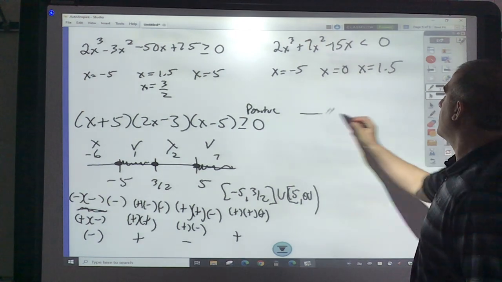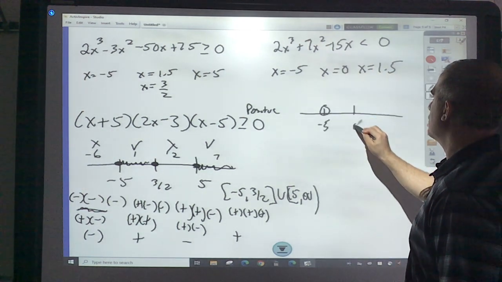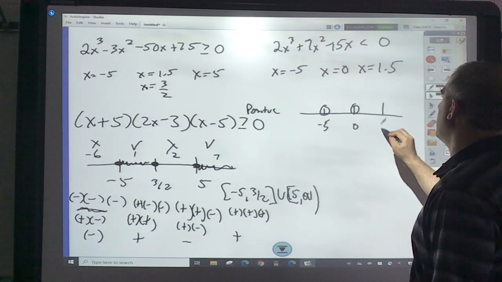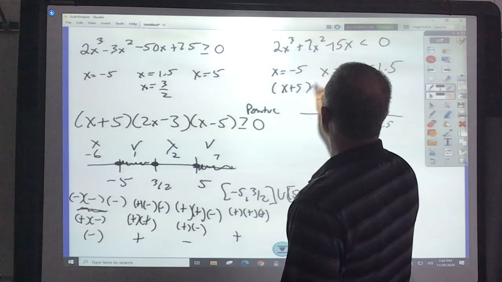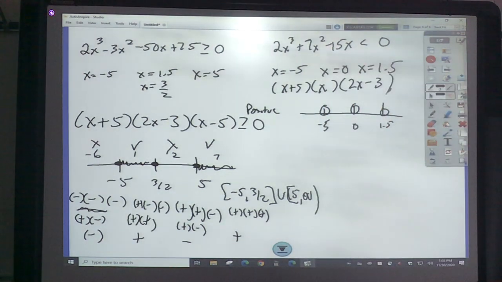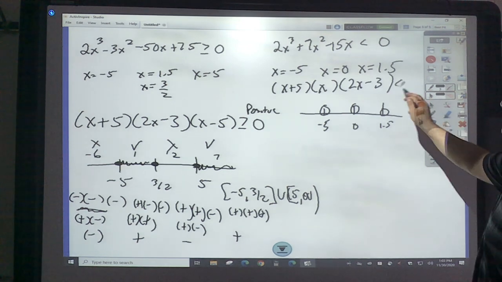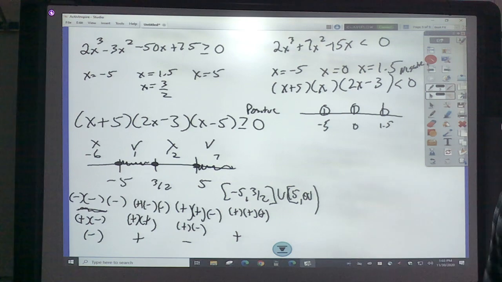Since it's strictly less than, I'll have an open circle at -5, 0, and 1.5. Its factors would be x plus 5, x, and 2x minus 3, all being less than 0. So what am I looking for there? A negative.